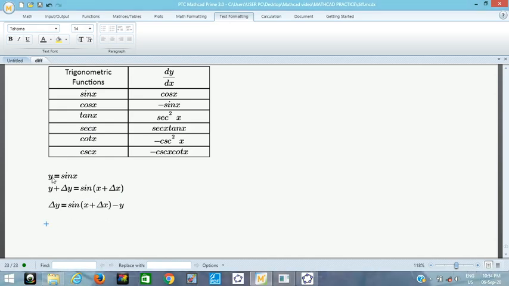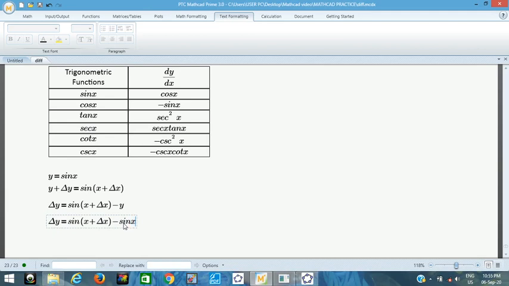In the equation we are differentiating, y equals sine x, so we need to substitute y as sine x in this equation. Then you remove y and replace it with sine x. So that is the first thing you do.